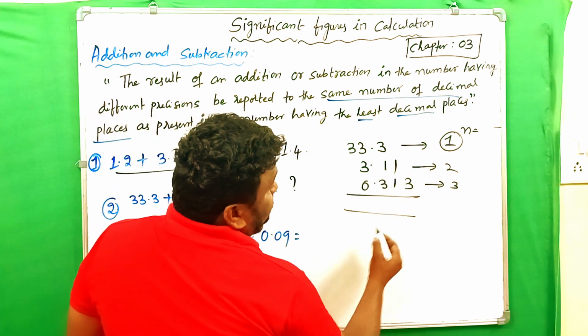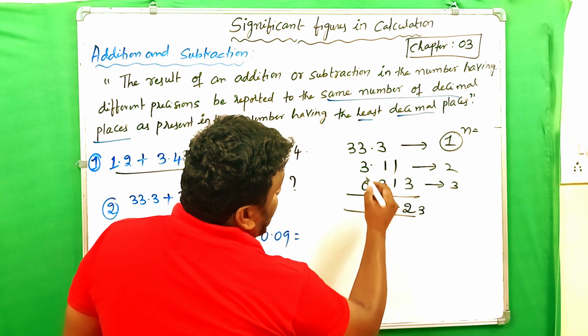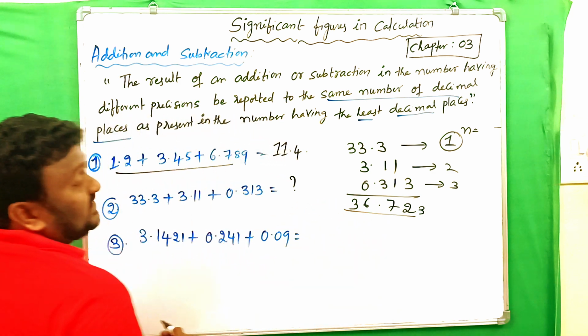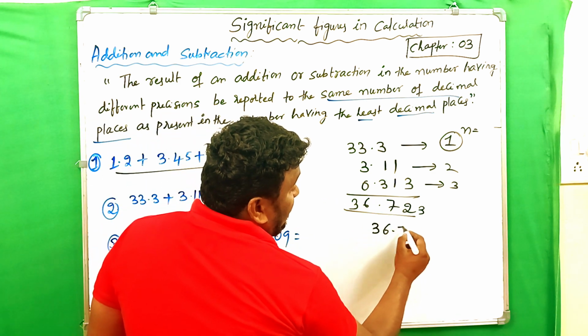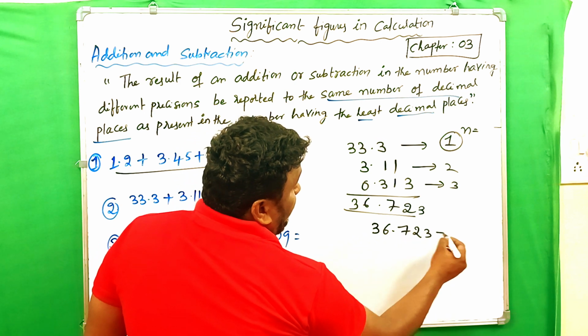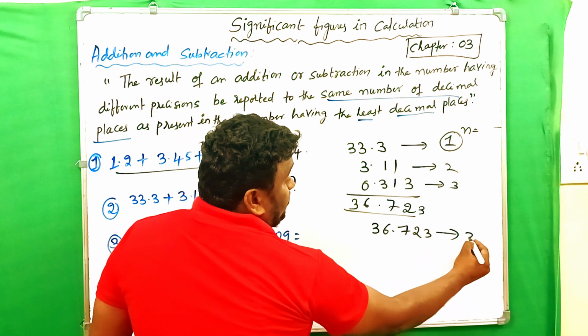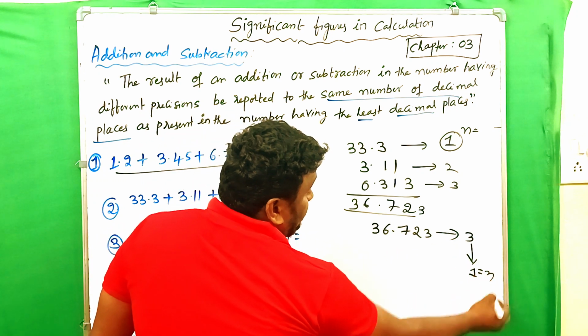Now the sum is 36.723. 36.723. This is the result, and you have to identify how many decimal places. 3. Now it is going to be reported to 1 decimal place.